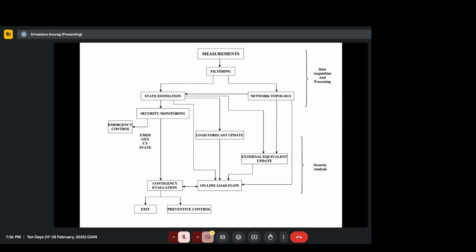But now the question is that if there are DERs, it will change my contingency evaluation. It will change because it can feed the power locally. So how do we integrate DER and distribution system network into this whole contingency analysis, doing it separately but still influencing the transmission system security analysis?